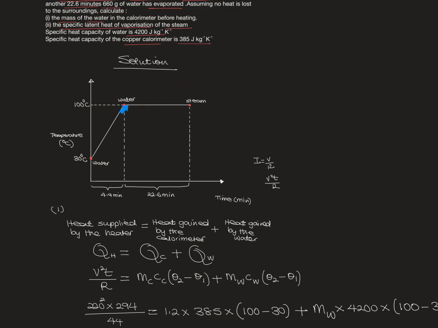So there will be a loss of mass inside the calorimeter. From 100 degrees Celsius of water to 100 degrees Celsius of steam, within a period of 22.6 minutes, 660 grams evaporated. So that mass that has evaporated can be used to calculate the specific latent heat of vaporization of the steam.